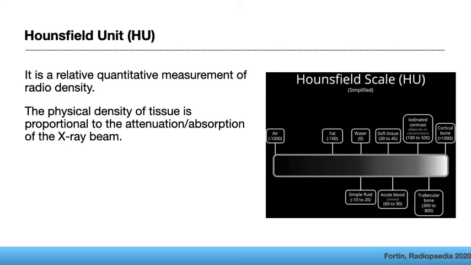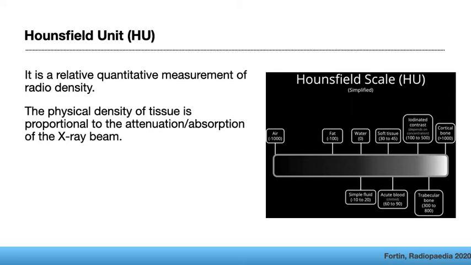At first, we have to understand what the Hounsfield unit means. Hounsfield unit is a relative quantitative measurement of radiodensity of tissues. The physical density of any tissue is proportional to the attenuation or absorption of the X-ray beam. When we look at the Hounsfield scale, we will figure out that cortical bone absorbs most of the X-ray beam and shows the highest attenuation value of more than 1000 Hounsfield units.